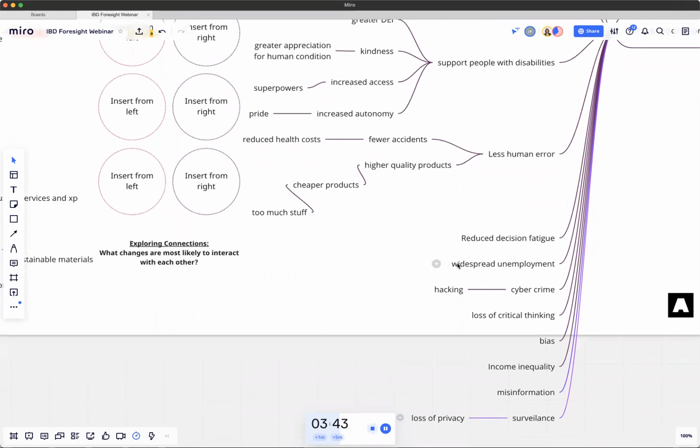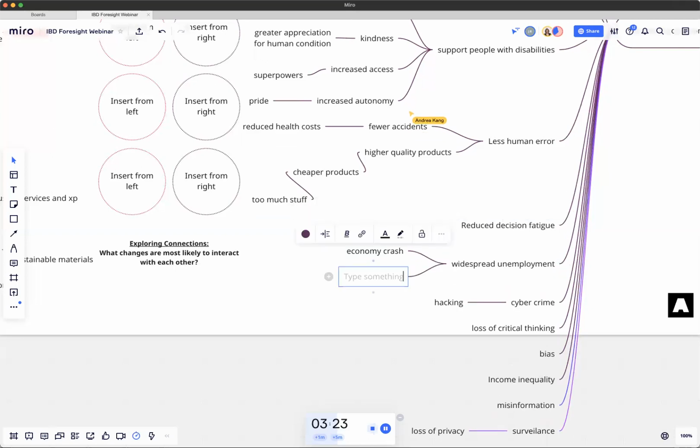Okay, let's do a little work on the negative side of the spectrum. So widespread unemployment, what happens next? You know, increased unhoused population. Suicide was mentioned, so degradation of mental health, mental well-being.